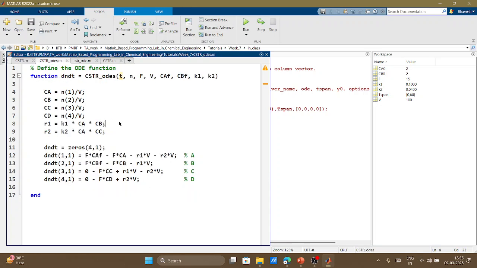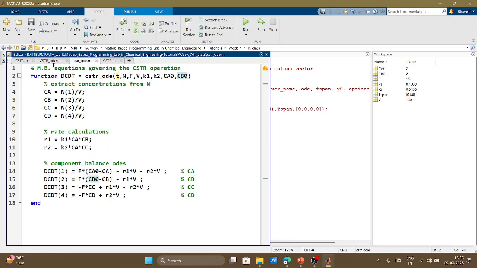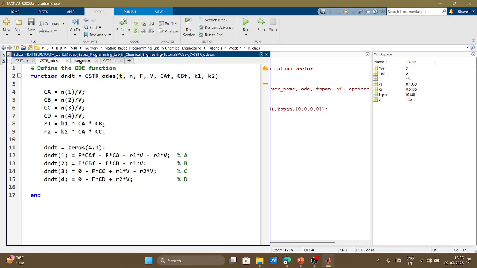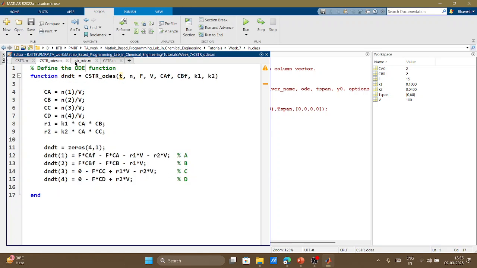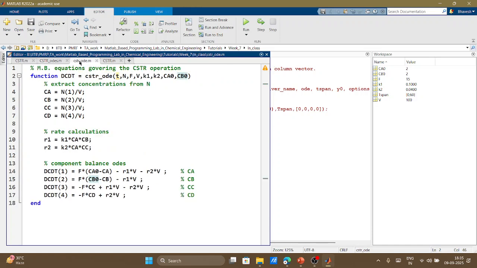No, this is my previous part. Week 7. What is different here? dn by dt. It has created zeros.